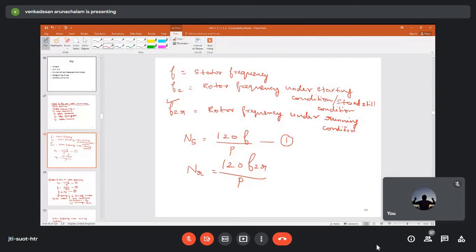This is right, because everybody will have in mind that it is the rotor frequency under running condition, the rotor is rotating, so definitely that is equal to NR. Now I will ask this question: whether it is NR or NS minus NR.